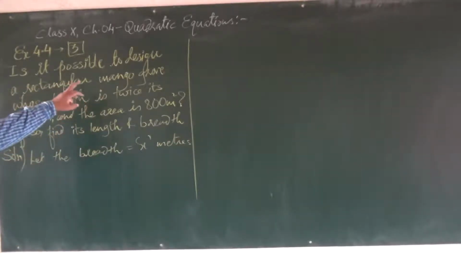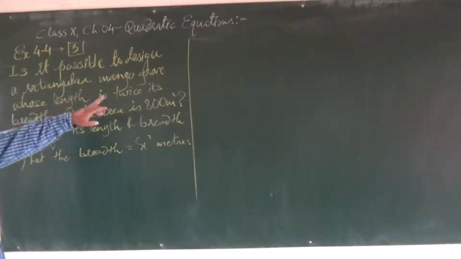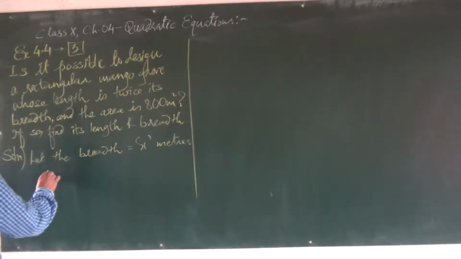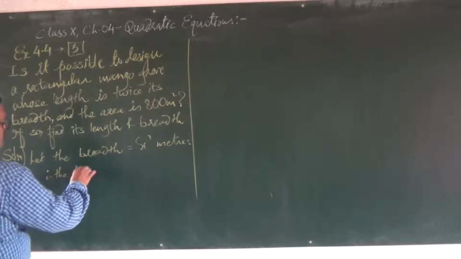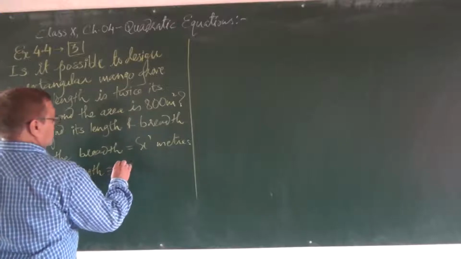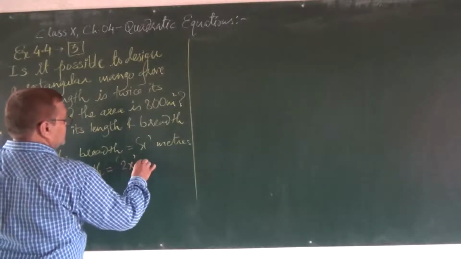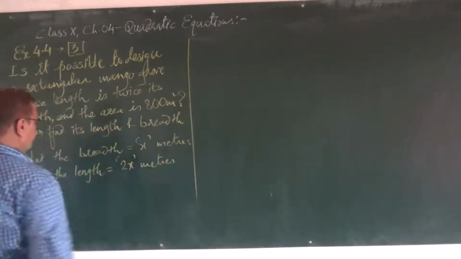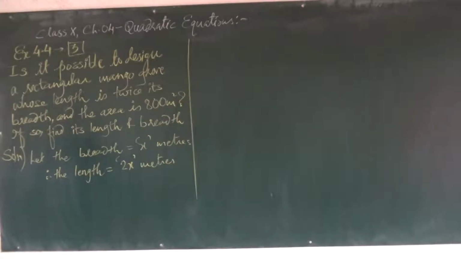Length is compared with breadth, where length is twice its breadth. Therefore, length is 2x meters. Okay. Now, according to the question, area is 800.